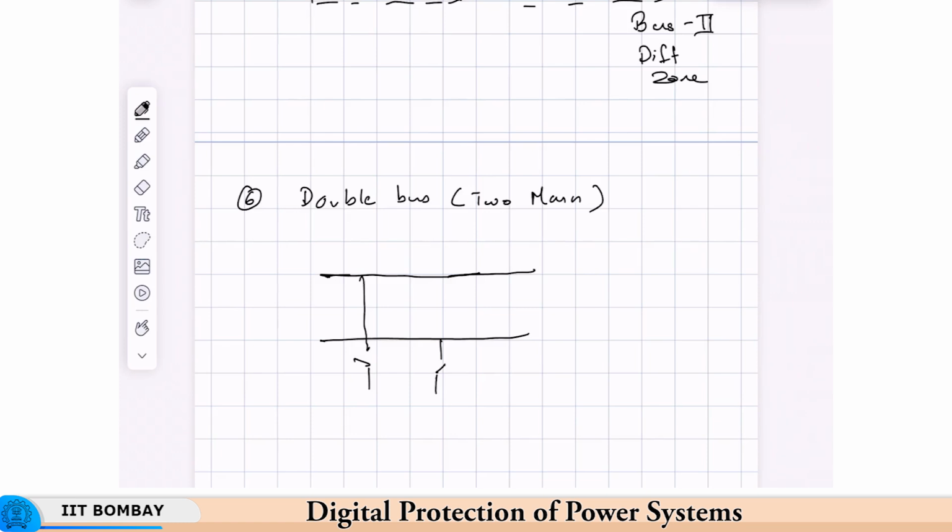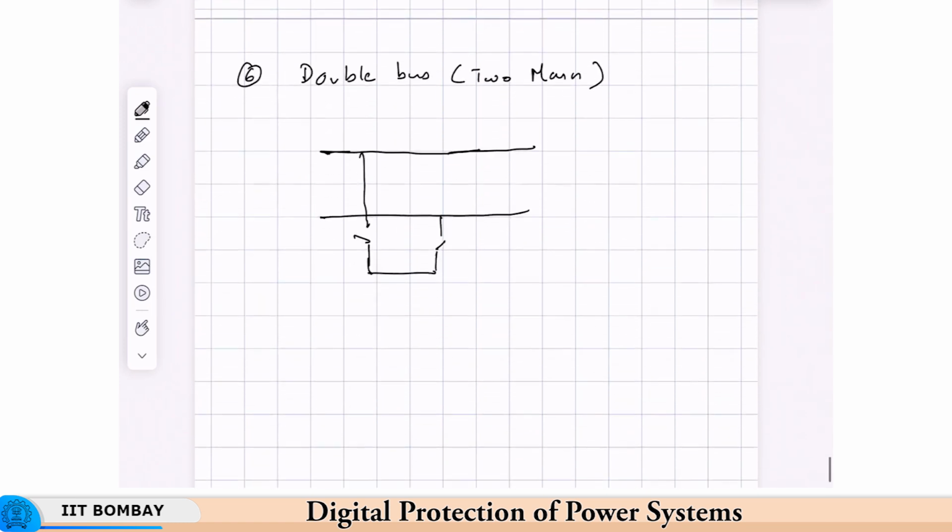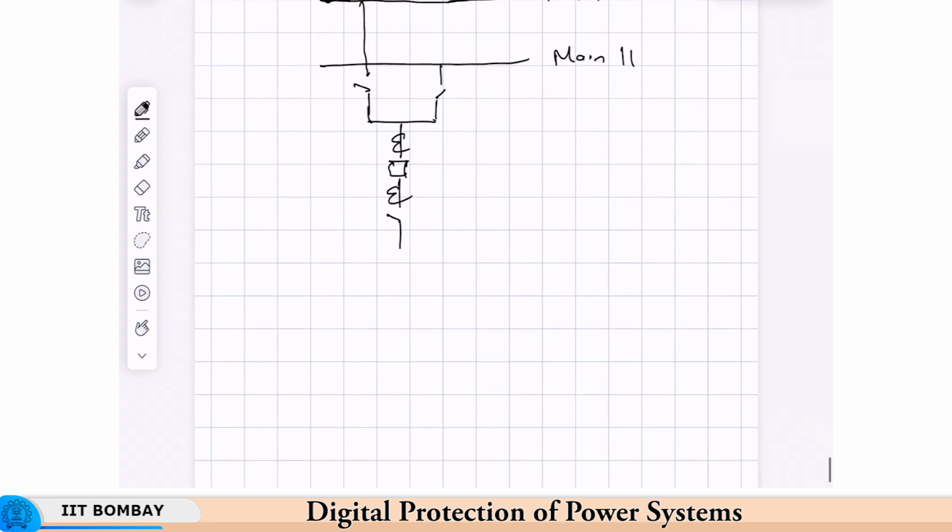Here the redundancy in the bus is there, but there is no redundancy in the breaker, so you can't take a breaker out for maintenance. Say this is main 1 or bus 1, main 2 or bus 2. This is another type which is used. Here you have redundancy in the bus, but the breaker cannot be taken out for maintenance, so it is not as flexible as the 2 that we just discussed.